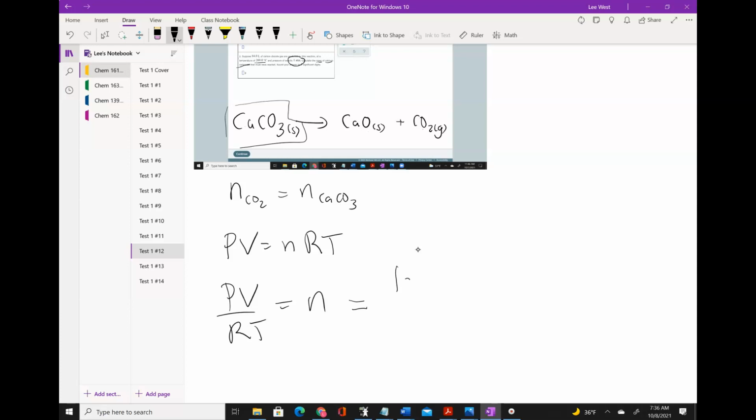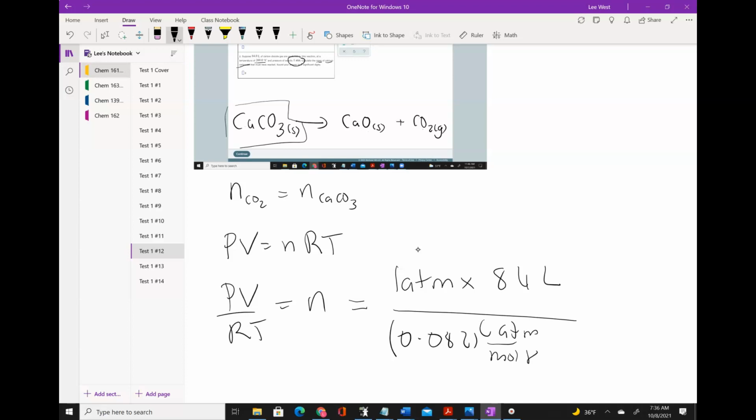My pressure is 1 atm. My volume was 84 liters. The ideal gas constant is 0.0821 liters atm per mole per Kelvin. And then I just got to multiply it by the temperature in Kelvin, which is going to be 260 plus 273.15.